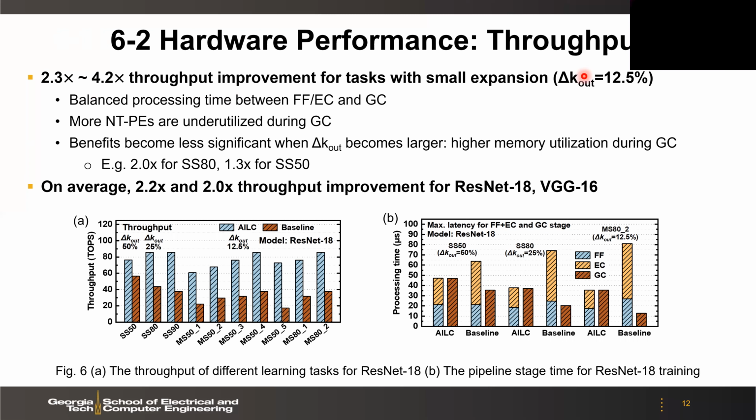This is attributed to the balanced processing time between the feed-forward error calculation and the gradient calculation in our design. The benefit becomes less significant when the network expansion delta K-out becomes larger due to the higher memory utilization. On average, 2.2 times and 2 times throughput improvement is obtained for ResNet 18 and VGG 16, respectively.